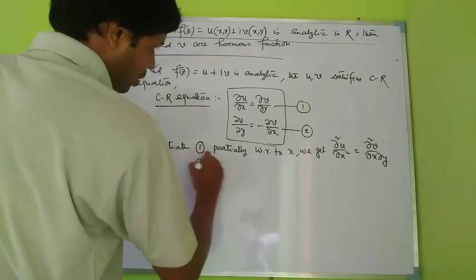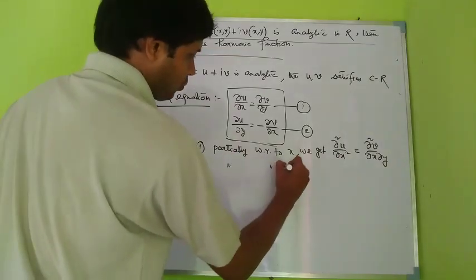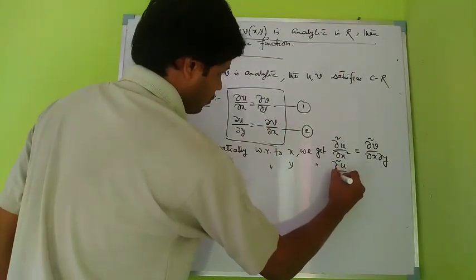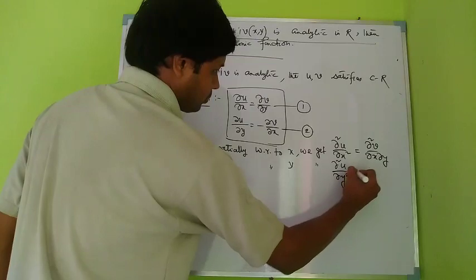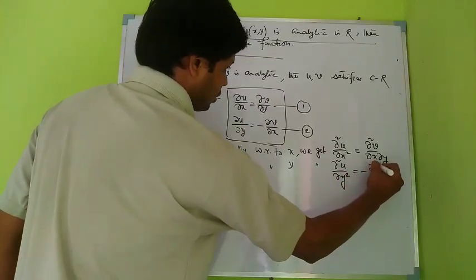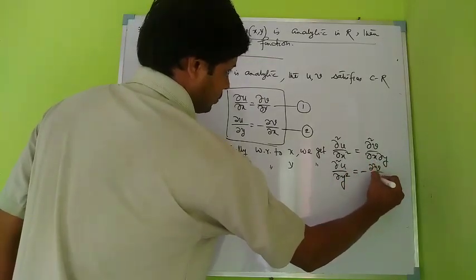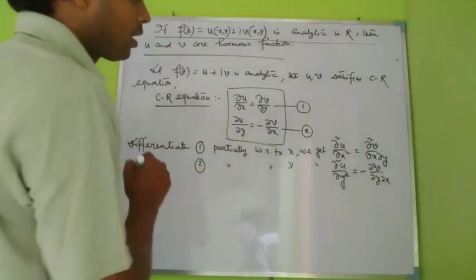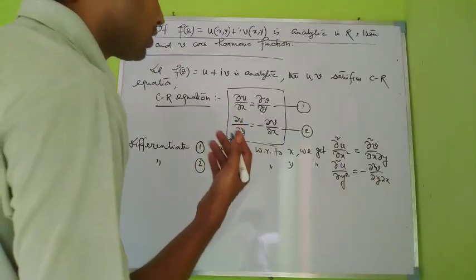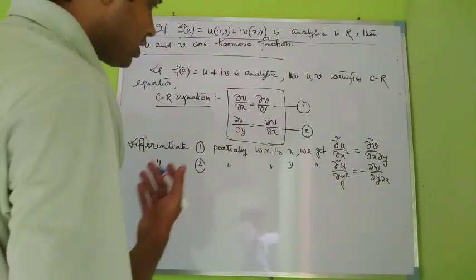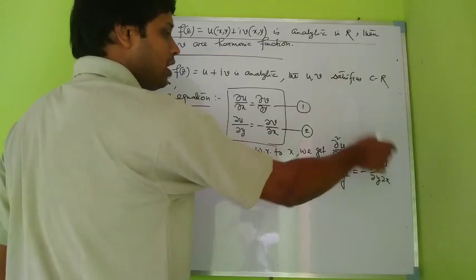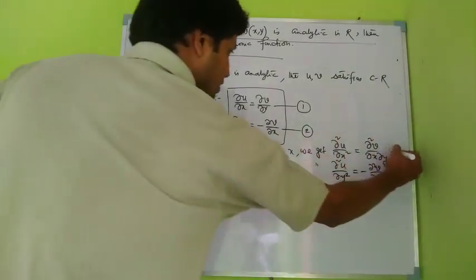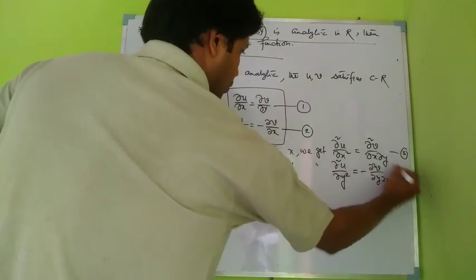Differentiate 2 partially with respect to y, we get del 2u del y2 is equal to minus del 2v del y del x. Since v has continuous second order partial derivatives, these two mixed derivatives are the same. Call these 3 and 4.